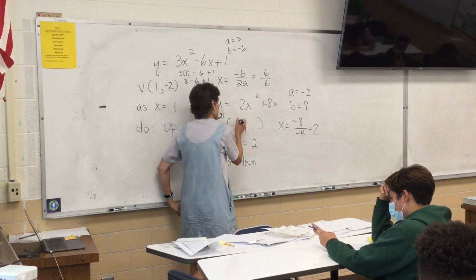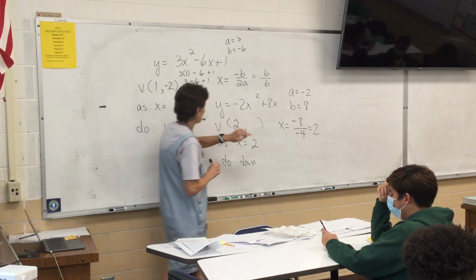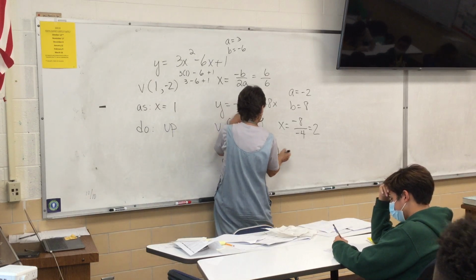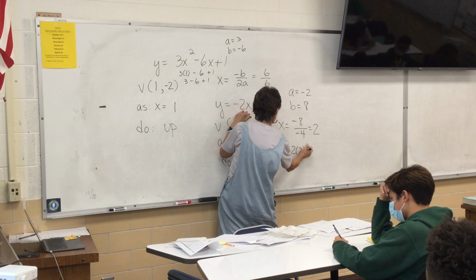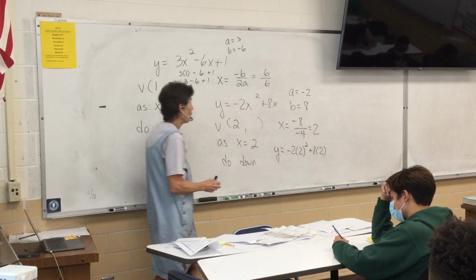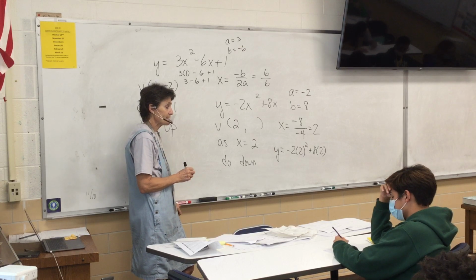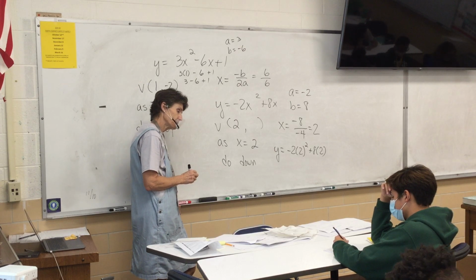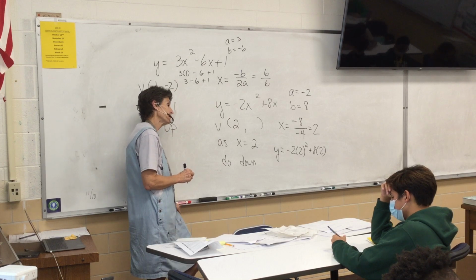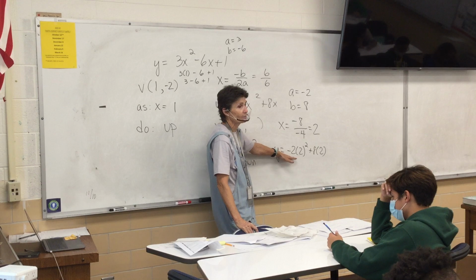So 2 is the x-coordinate of my vertex. And now I'm going to go back to my equation, and I'm going to very carefully plug in 2 for all of the x's. Now when I say very carefully, I mean I get so frustrated with all the mistakes that happen right here.